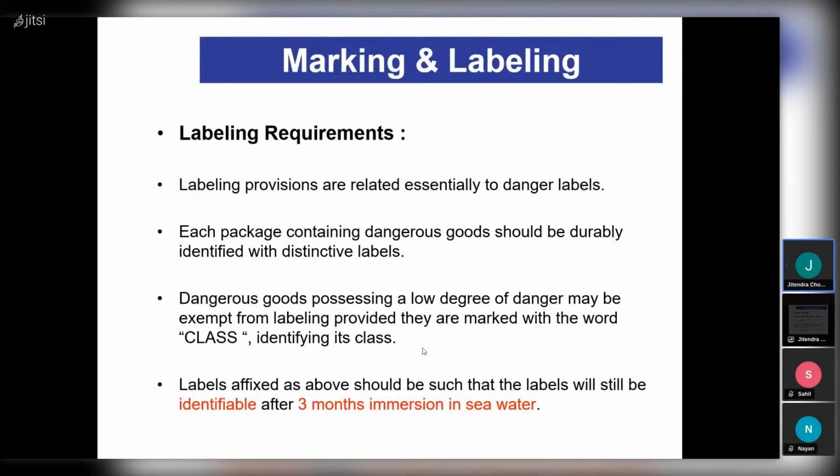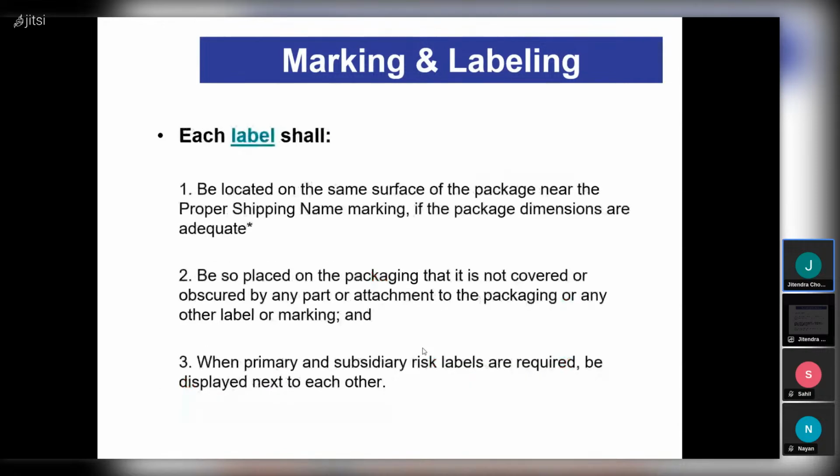Labels affixed as above should still be identifiable after 3 months and shall be located on the same surface of the package near the proper shipping name. And it should not be covered or obscured by anything.